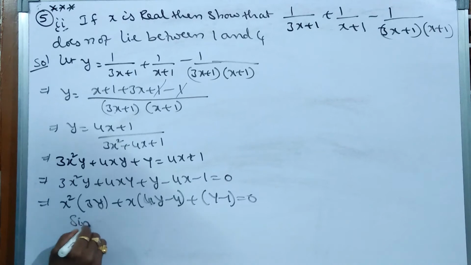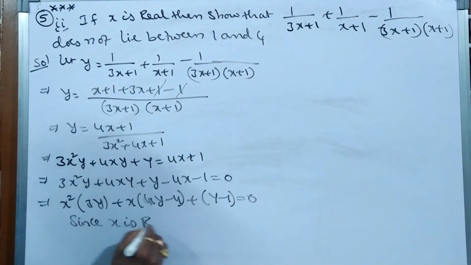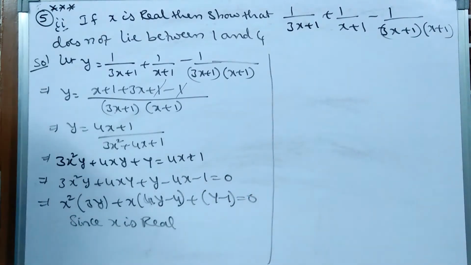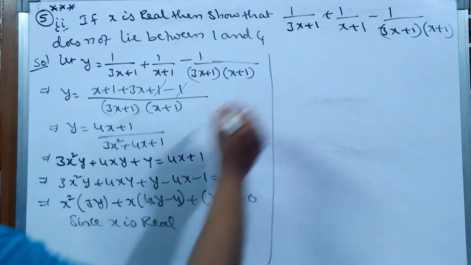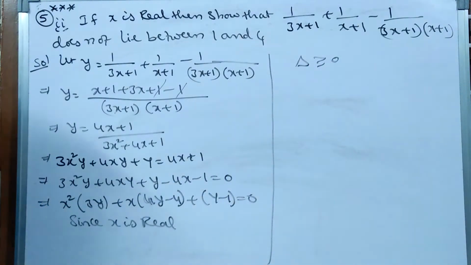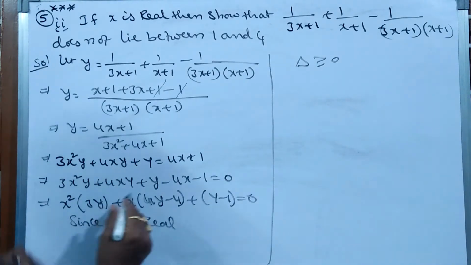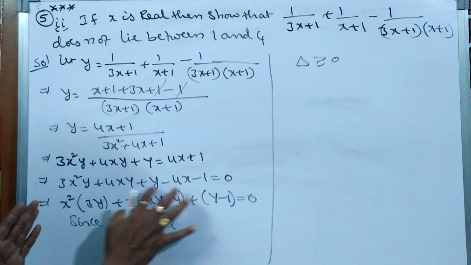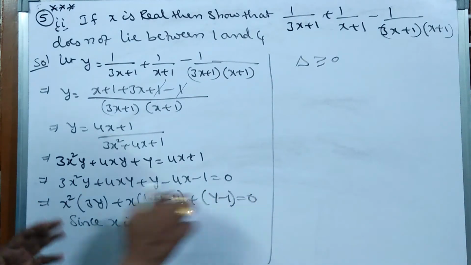Since x is real, we have to apply delta greater than or equal to 0. If we apply that, let us see what we are going to get. Delta means b square minus 4ac. Here a is 3y, b is 4y minus 4, c is y minus 1.